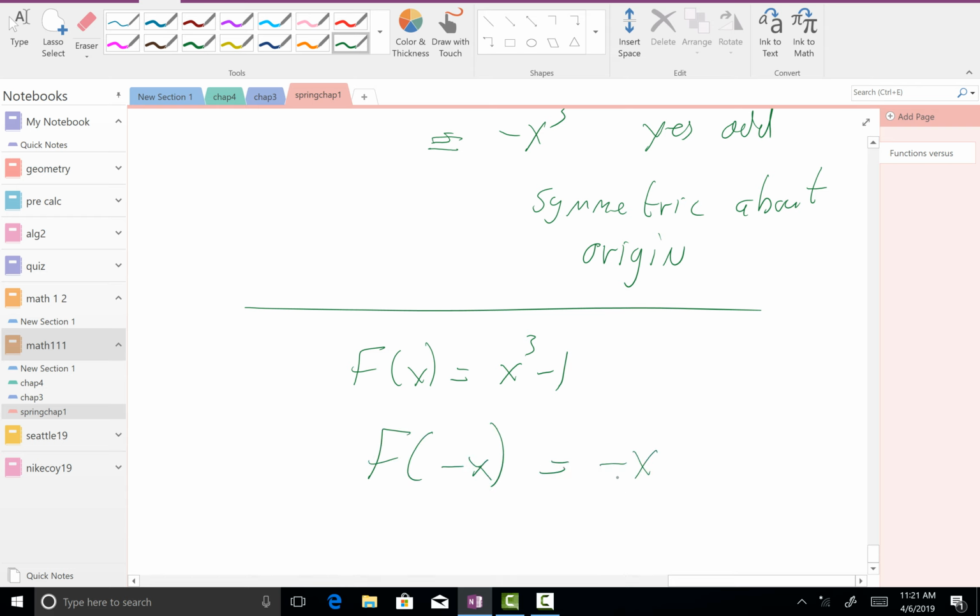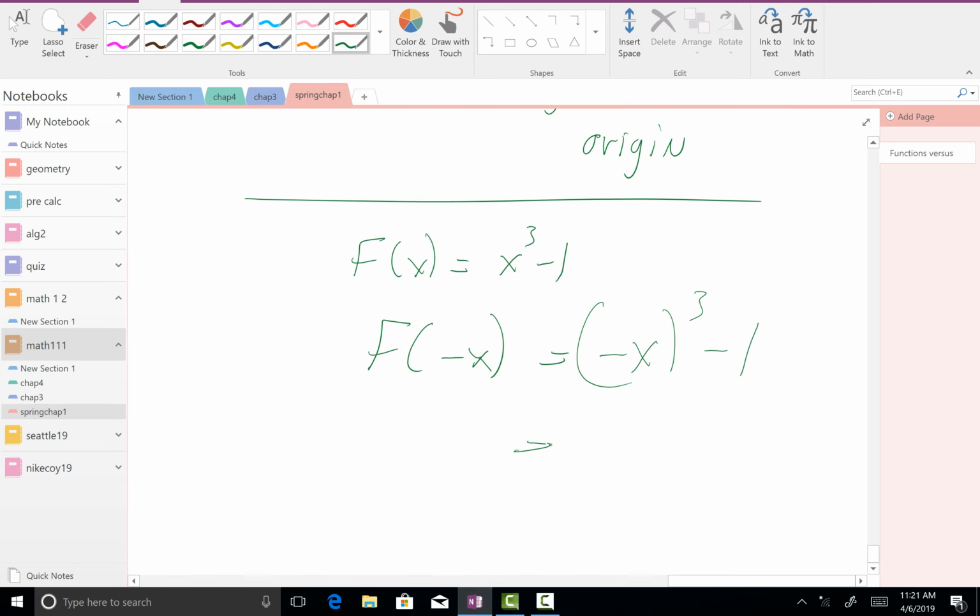I'm going to put a negative there, cubed minus 1. So I'm going to get negative x cubed minus 1. First thing I'm going to ask you, are these two things the same? x cubed minus 1 is the same as negative x cubed minus 1? No, they're not the same. All right? So, not even.